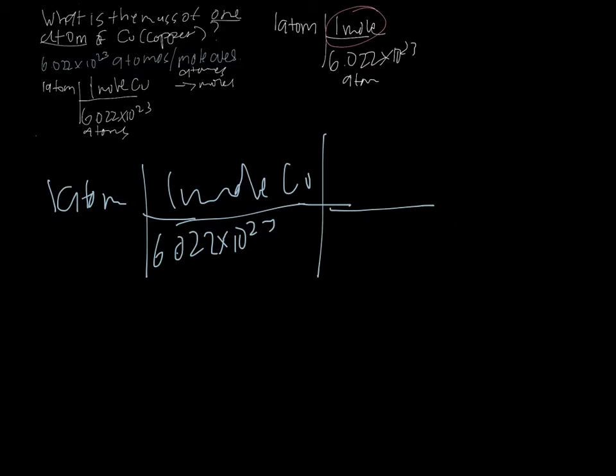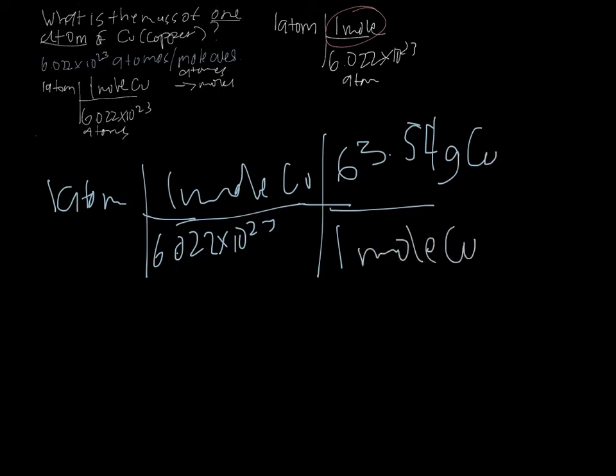So from moles to mass, we are obviously going to use grams, and our molar mass of copper would be 63.54 grams of copper. And we can also write 1 mole of copper is that. So we can cancel off atoms, and then we can cross off moles. Now we're in grams of copper.